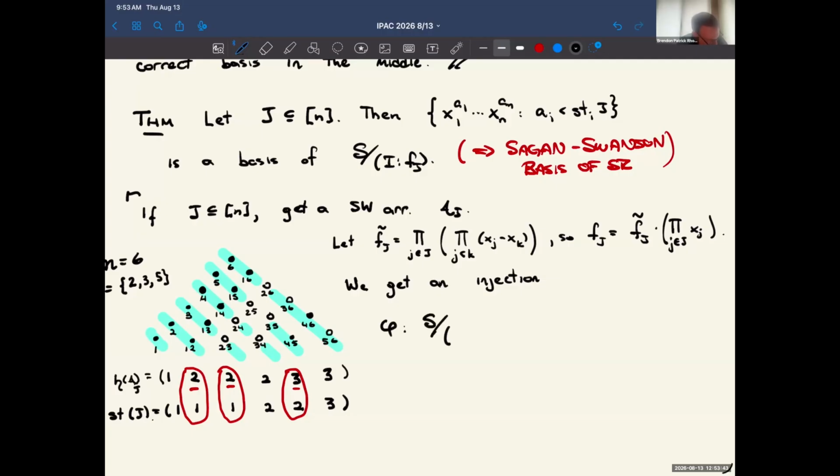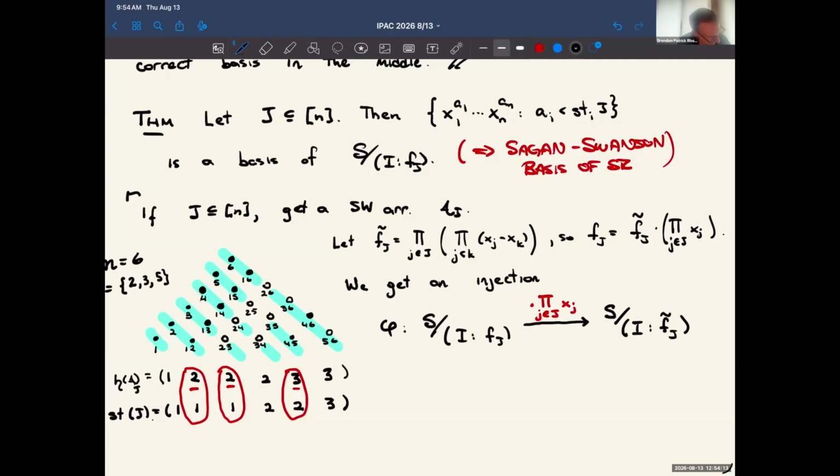It's going to go from S modulo I colon Fj, that's the thing we really want, to S modulo I colon Fj tilde. And the map is multiplication by the product over j in J of Xj. This is just a general fact of commutative algebra.